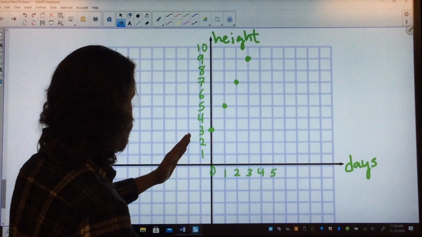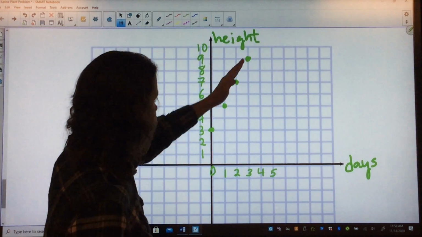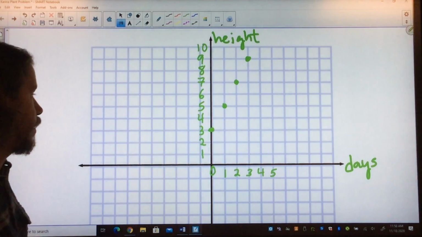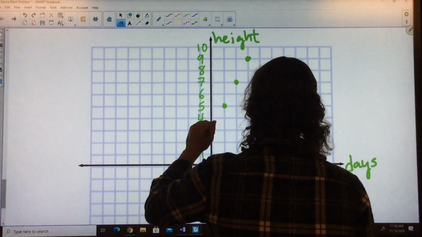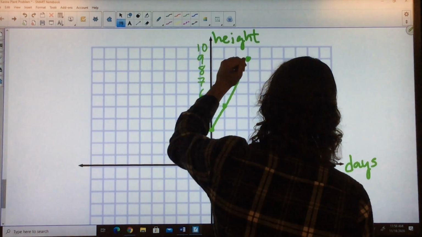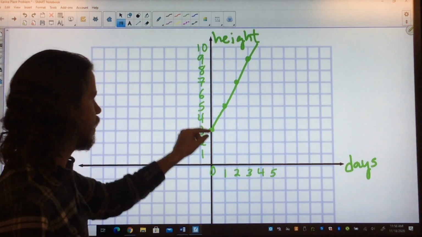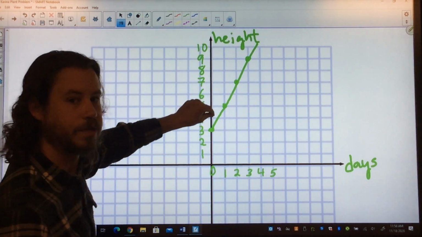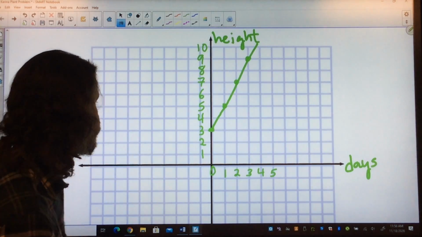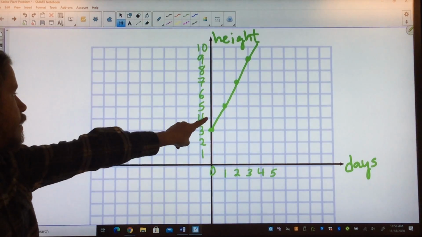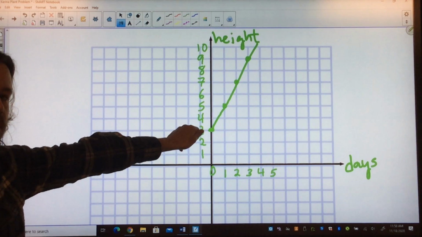So we connect all these with a perfectly straight, solid line, which I'm going to do by hand now, so it's not going to be perfectly straight, but just to get the idea, something kind of like that, to represent all these little dots being filled in. And so this is what we call a graph of a linear equation.